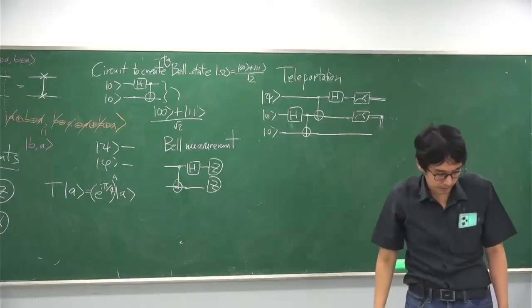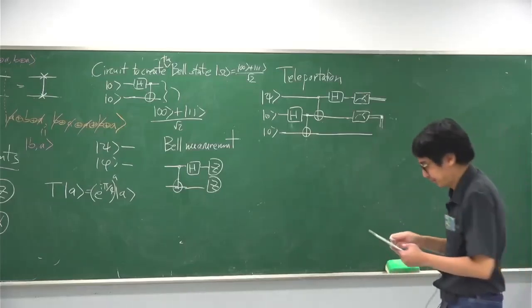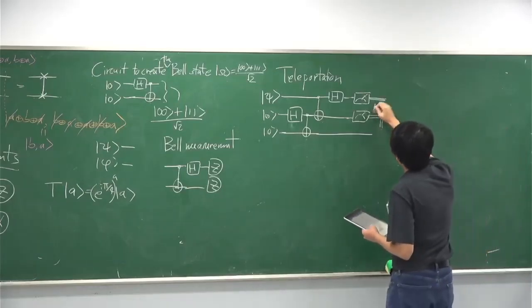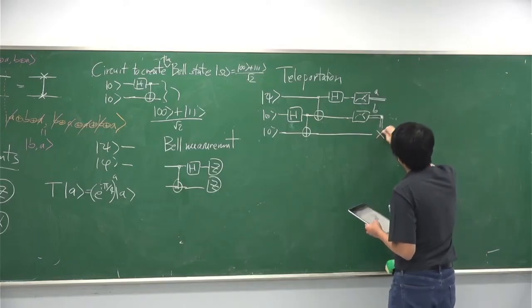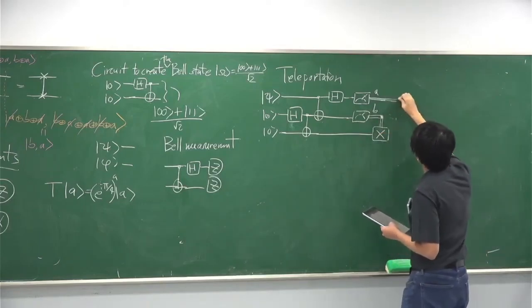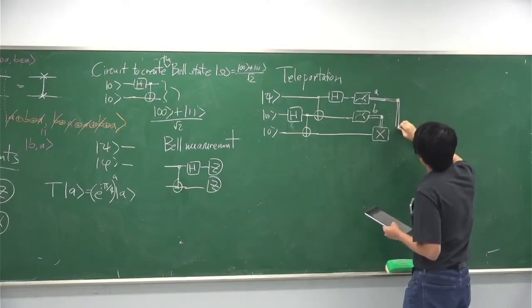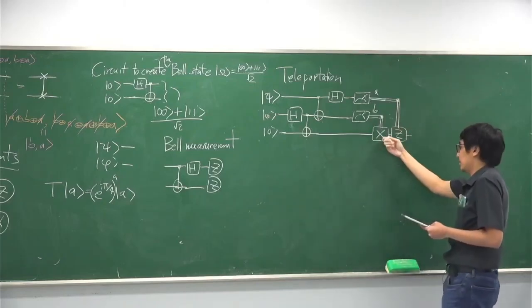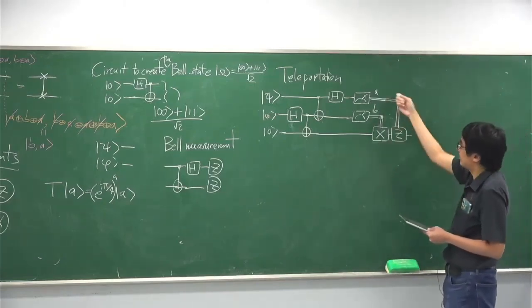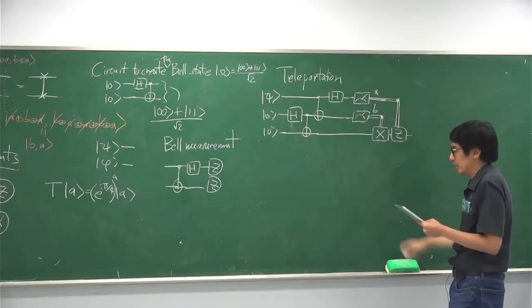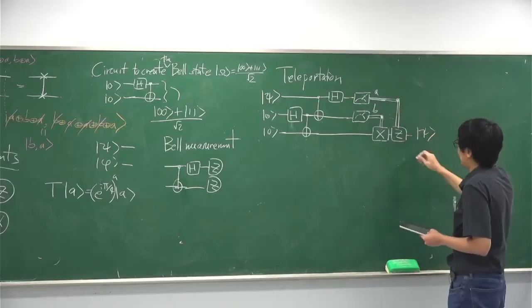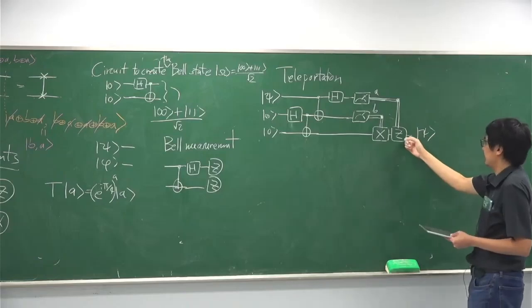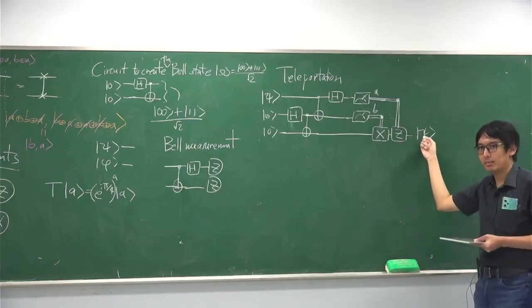Okay, which one do I want? I don't know. Maybe this is the correct one. So you use one bit to control whether you want to apply X or not, and you use the other bit to control whether you want to apply Z or not. If this is correct, after the correction, you should get the state psi back.